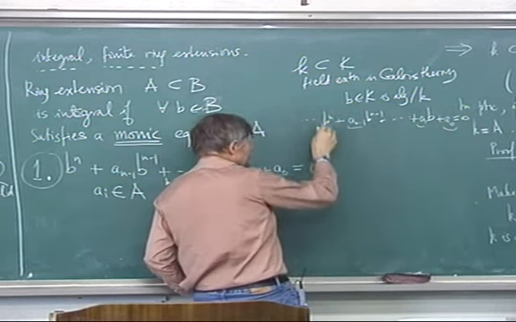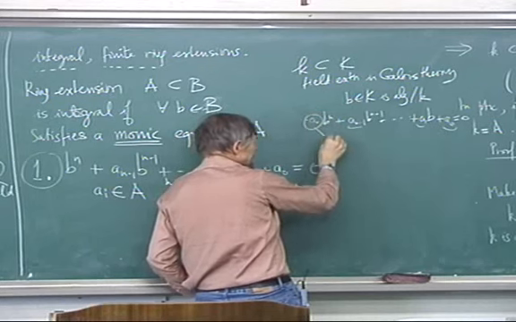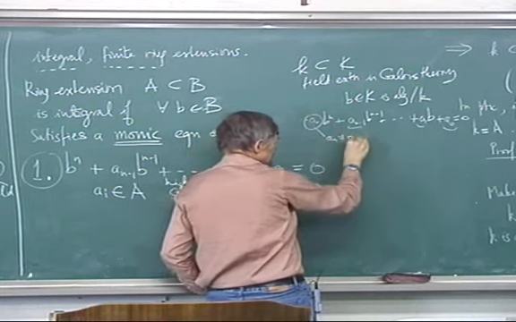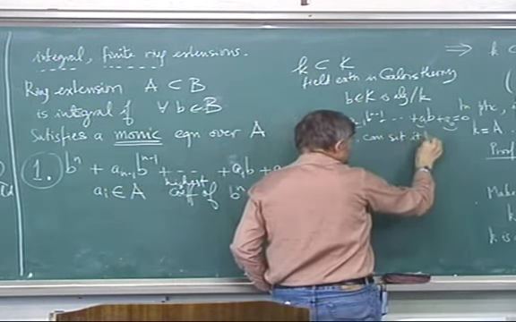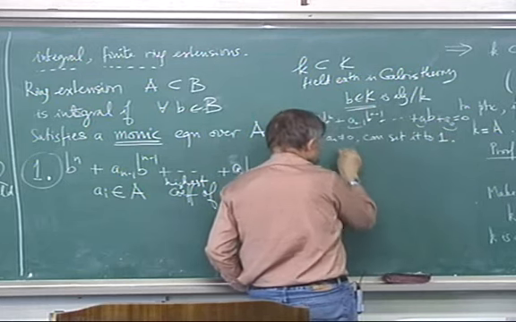However, here, if a_n is not 0, we can set it to 1, just because we're dealing with fields.